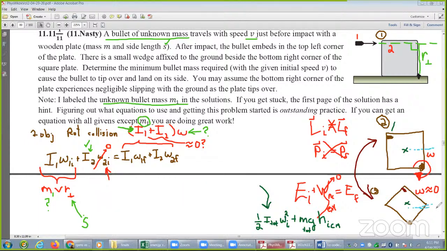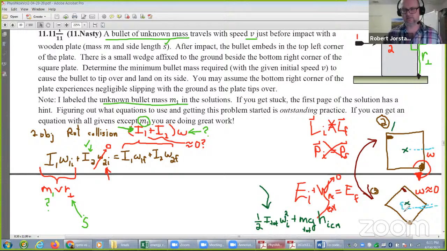It's going to be a little below there, right? And so this is the height we need to figure out. Height final about the center of mass. What do you think? That's the whole problem. Are you ready to take a look at the solutions? Or before we do, any questions?